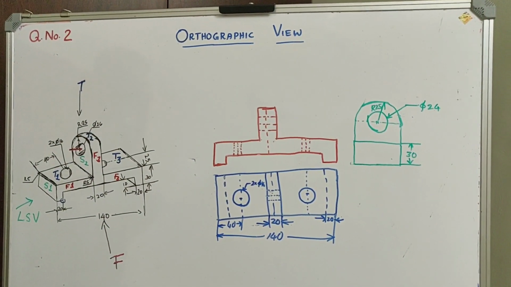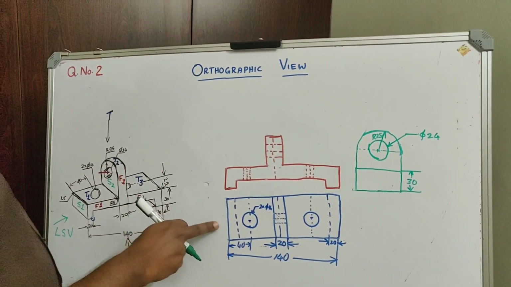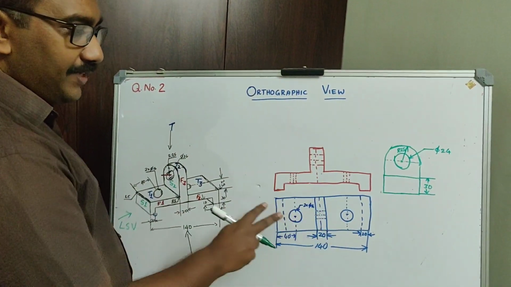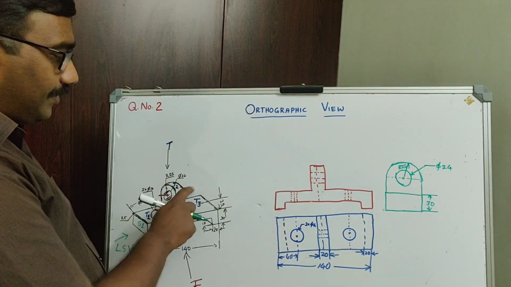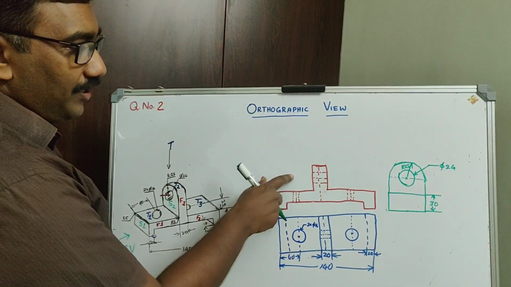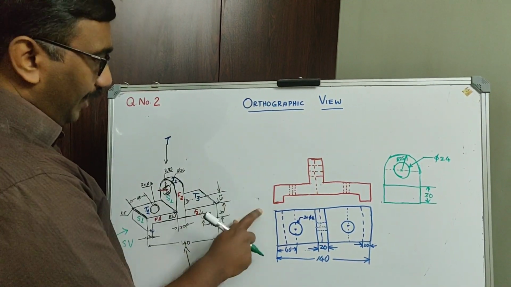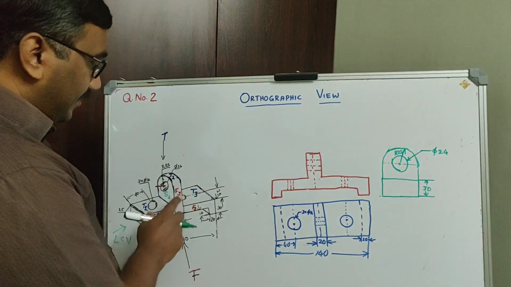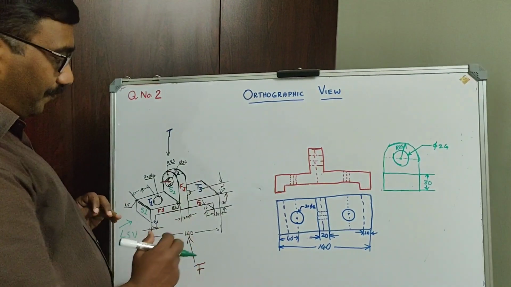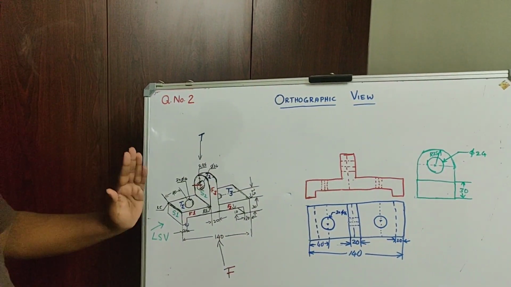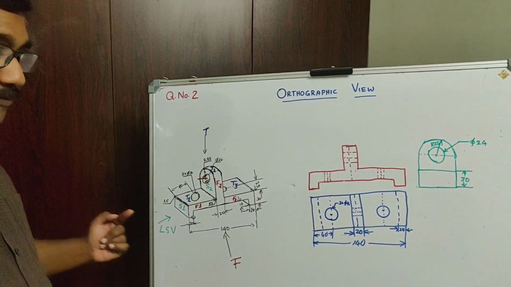So you got top view. Using some of the dimensions from the top view and correlating with the initial object, we have drawn the front view. Then using these two combinations and dimensions from here, we have drawn the left side view by looking from the left side.